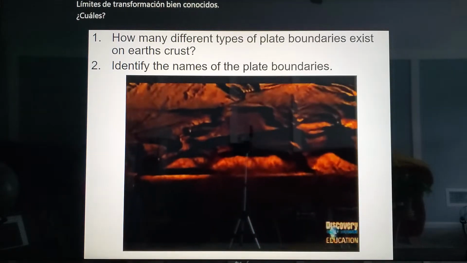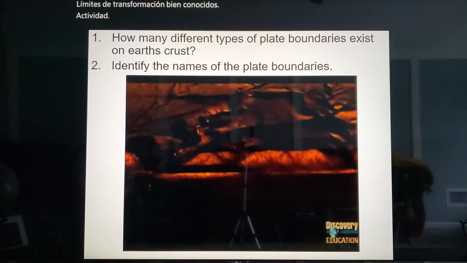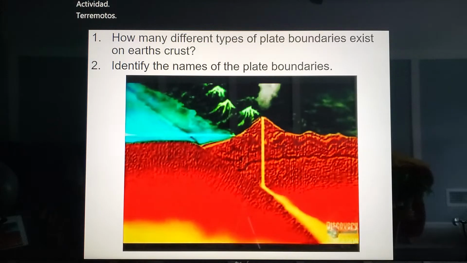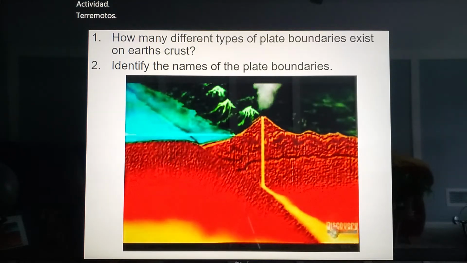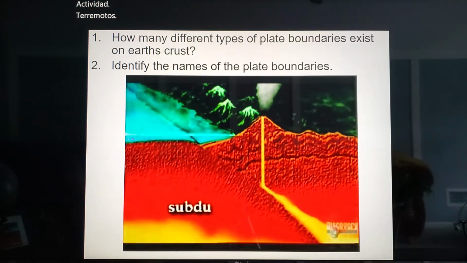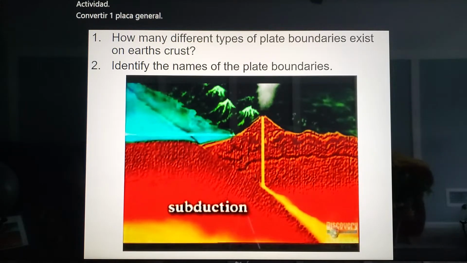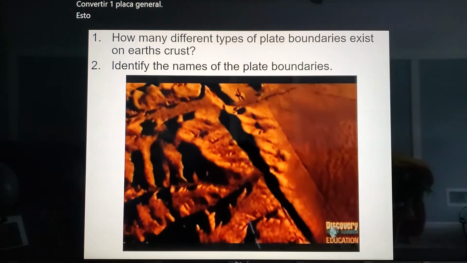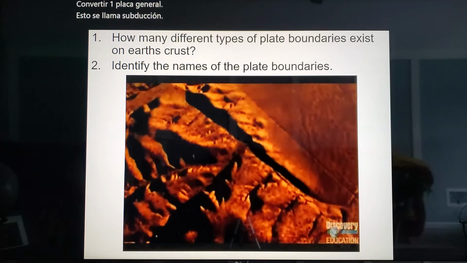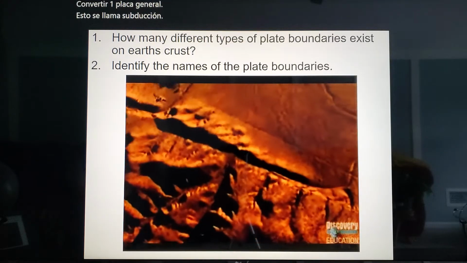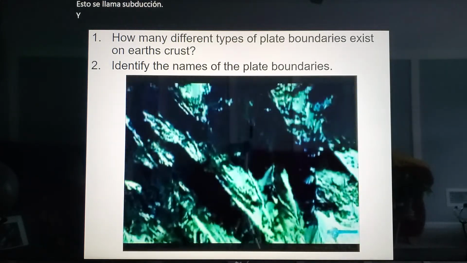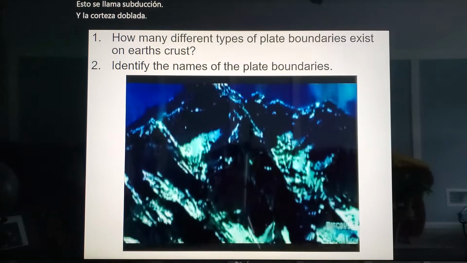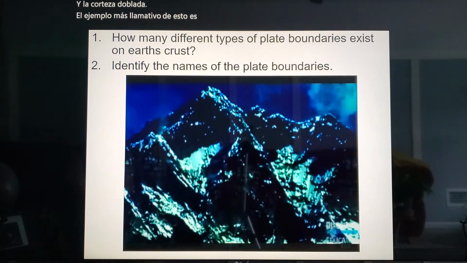Activity along a fault boundary can cause earthquakes. At convergent or colliding boundaries, one plate generally is forced under the other. This is called subduction. Occasionally, plates crumble, and the folded crust is forced upward. The most striking example of this is the formation of the Himalaya.